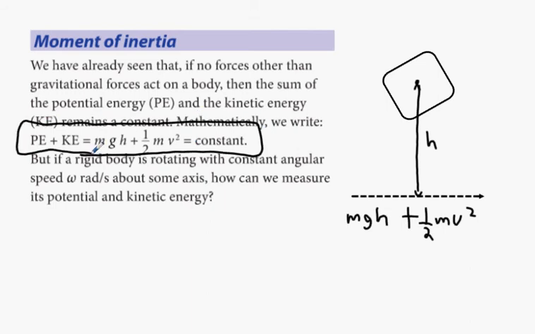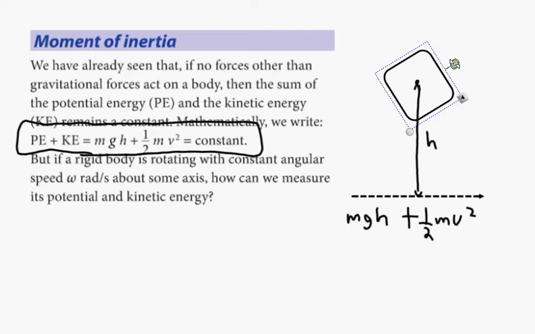But if there's a rigid body and it's rotating, in some cases you can have a body that's just rotating around an axis, still moving, but the height doesn't have to change, or it can be moving and rotating at the same time. So there's got to be a measure for turning motion.